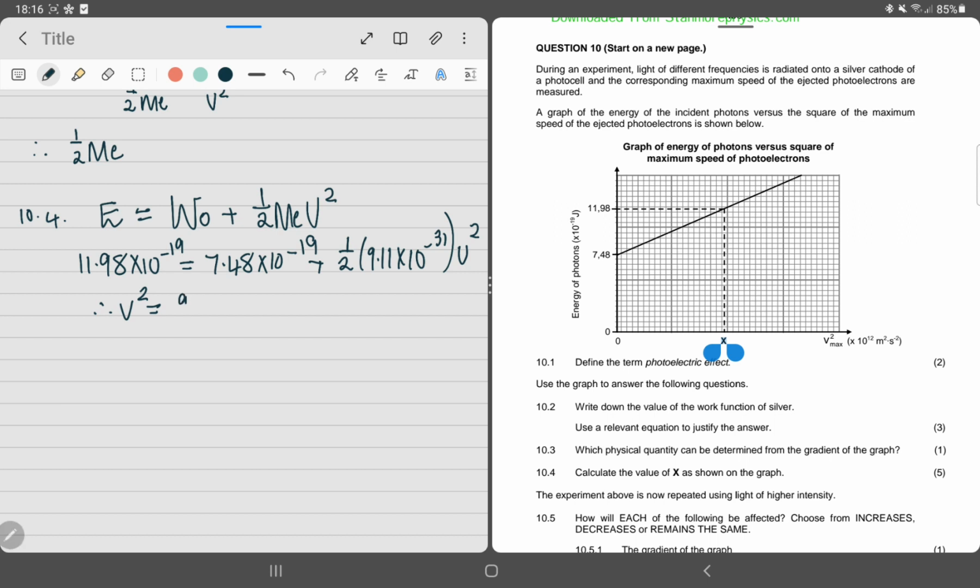So I'm getting 9.89 times 10 to the exponent of 11 meters squared multiplied by seconds to the power of negative 2, because that's what the units are there.